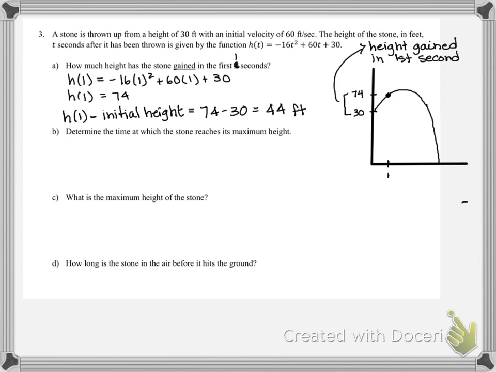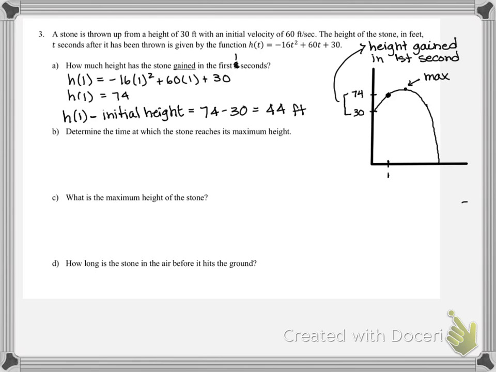So now we want to find the time at which the stone reaches its maximum height. So what point am I looking for? The vertex, right? Because I see that maximum. Am I looking for the x-coordinate or the y-coordinate of the vertex? Why? So am I looking for a time or a height?